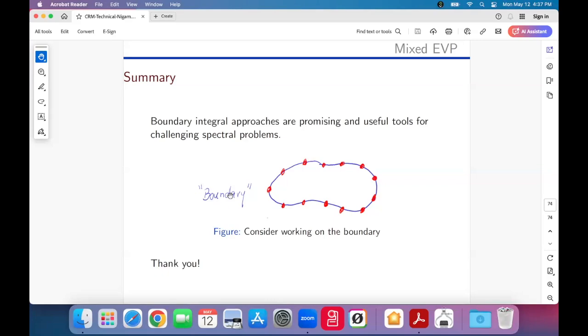The ingredients are the ones I described. You parameterize your surface, you have a fundamental solution, you have quadrature rules, and then you can proceed. But there are a lot of ifs and buts in here. If, for example, you were thinking about the Laplace-Beltrami operator, then indeed there's work by Mike O'Neil and his student in 3 dimensions.